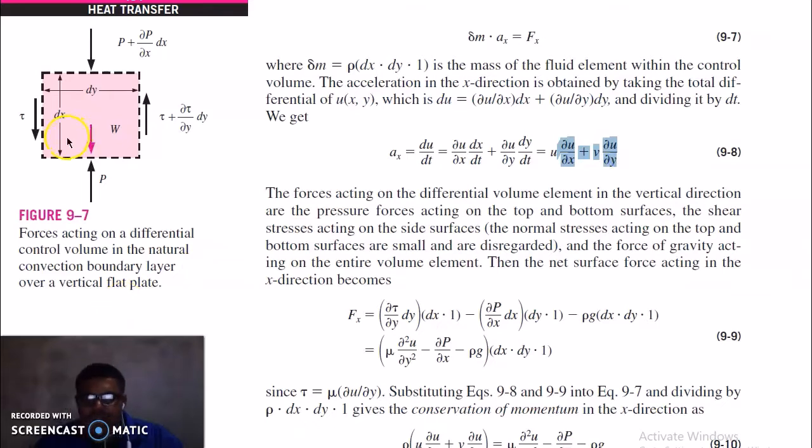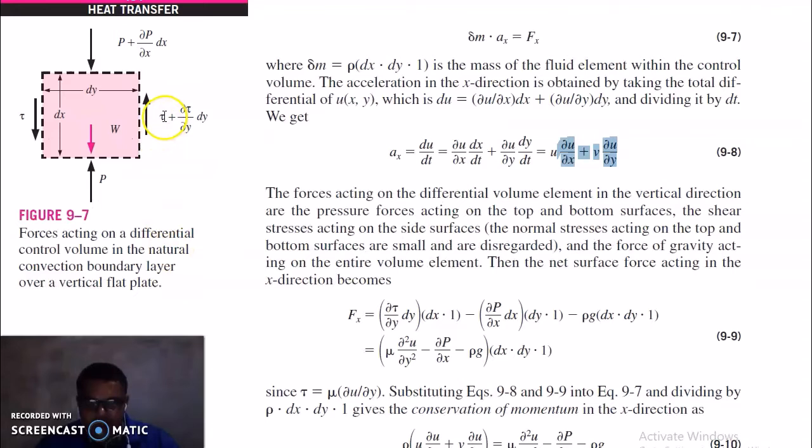The forces acting on the differential volume element in the vertical direction are the pressure forces acting on the top and bottom surfaces, the shear force acting on the two side surfaces in opposite directions, and the force of gravity acting on the entire volume.